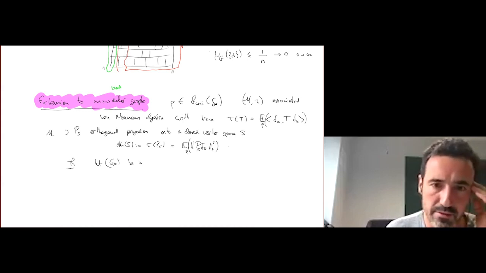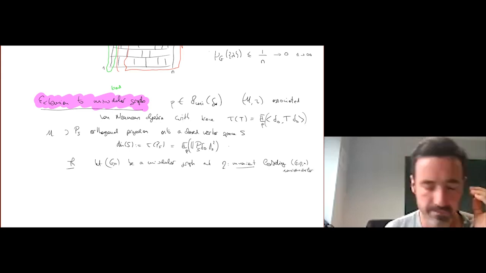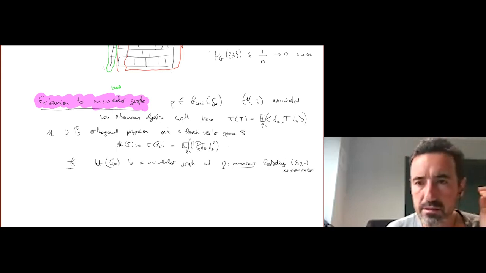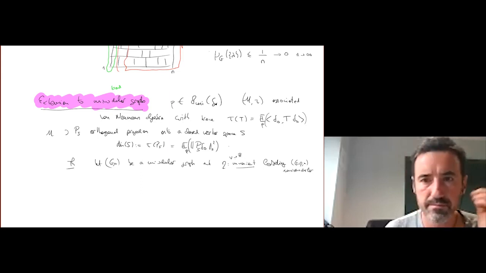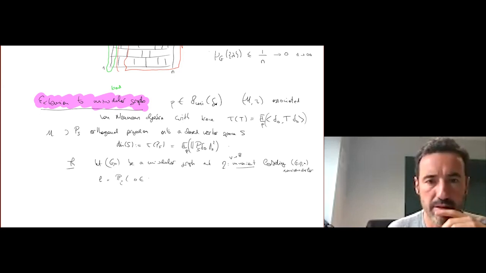You take a unimodular graph and eta an invariant labeling. An invariant labeling is as previously, it means that (G, eta, O) is unimodular, with eta from V to the integers. You define L to be the probability that the root is level.